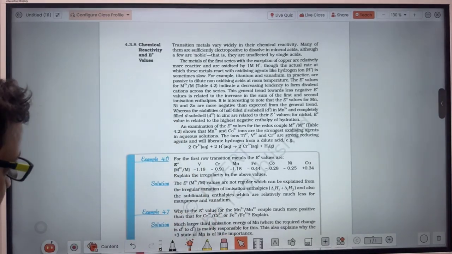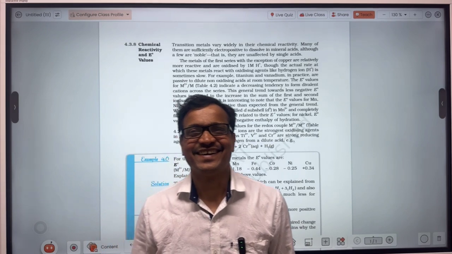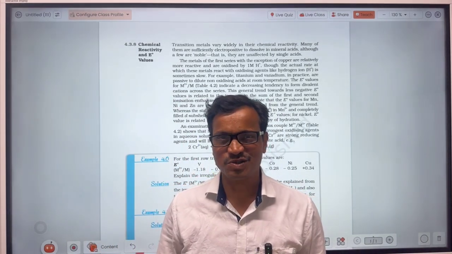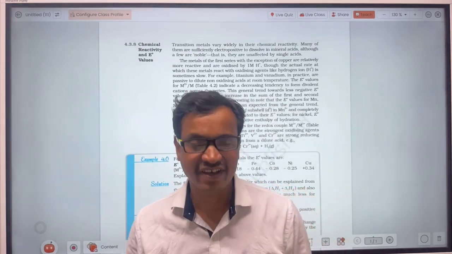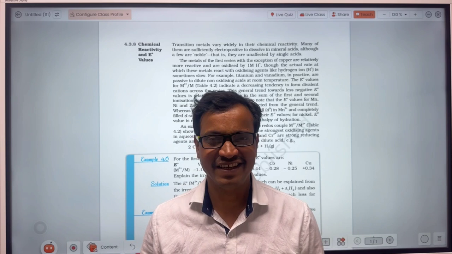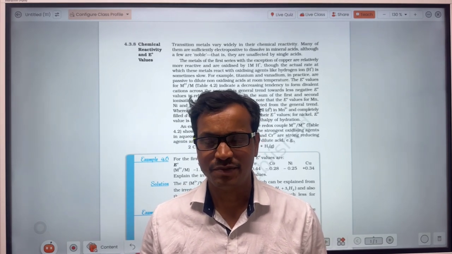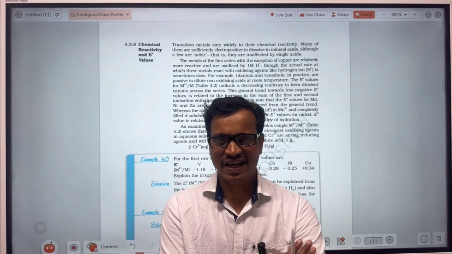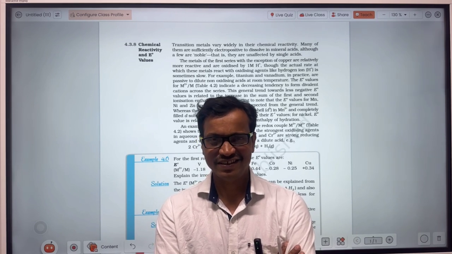Then after is chemical reactivity and standard electrode potential values. About the standard electrode potential, we are already aware that the more negative the standard electrode potential, the greater the tendency of that element to get oxidized, and the less negative, the less tendency to get oxidized.